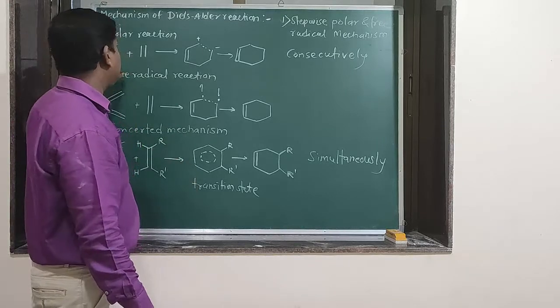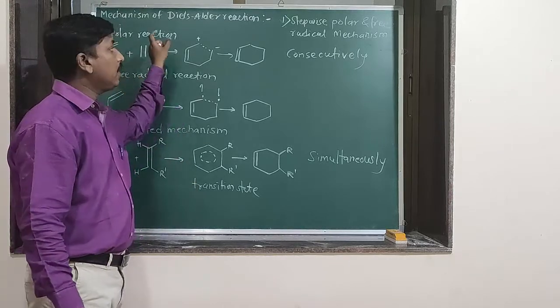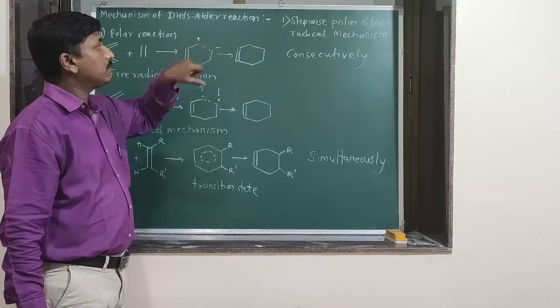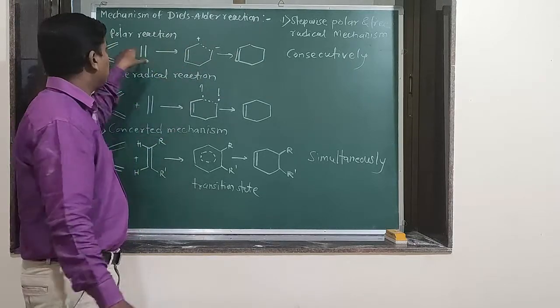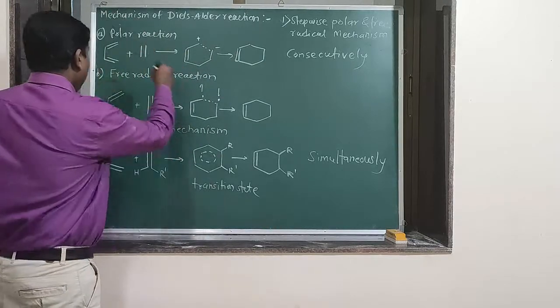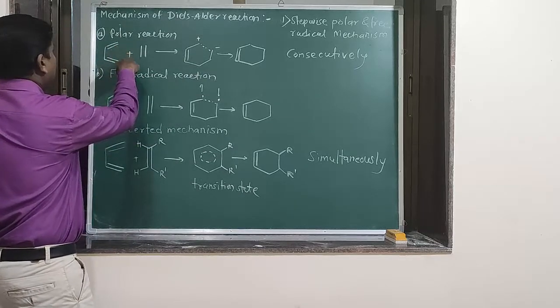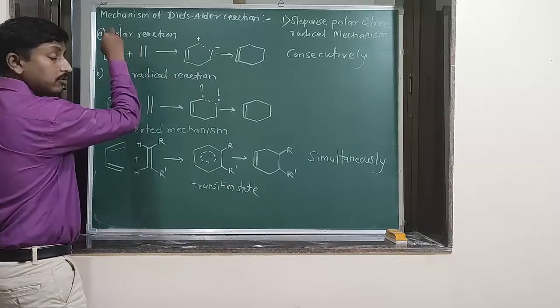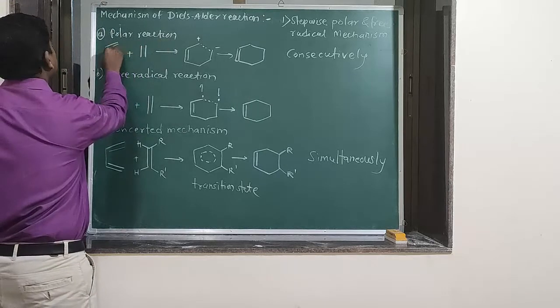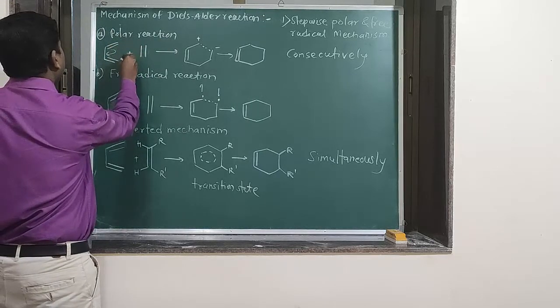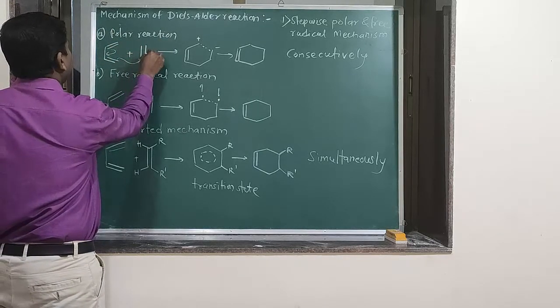Let us see the polar mechanism in the stepwise polar and free radical mechanism. What is the polar reaction? What happens when 1,3-butadiene reacts with ethylene? This pi bond is shifted here, and this pi bond is shifted here.